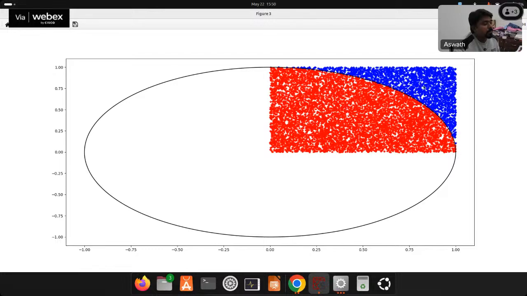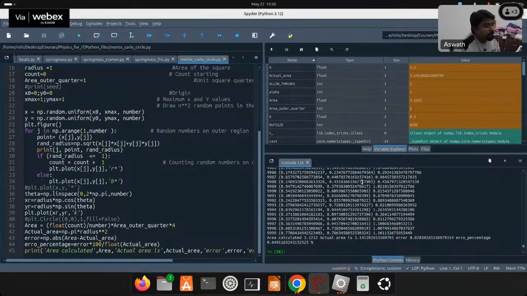Now, using the number of points falling within over the overall points, I'll find the area of the curve. The area calculated is 3.12 and the actual area is 3.14. The error is 0.02 and the error percentage is 0.64%.